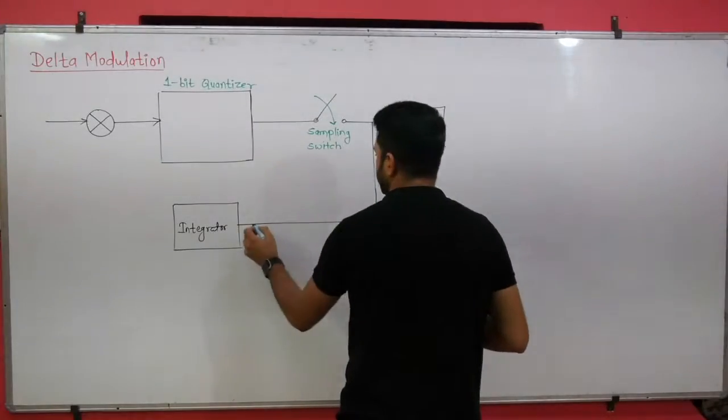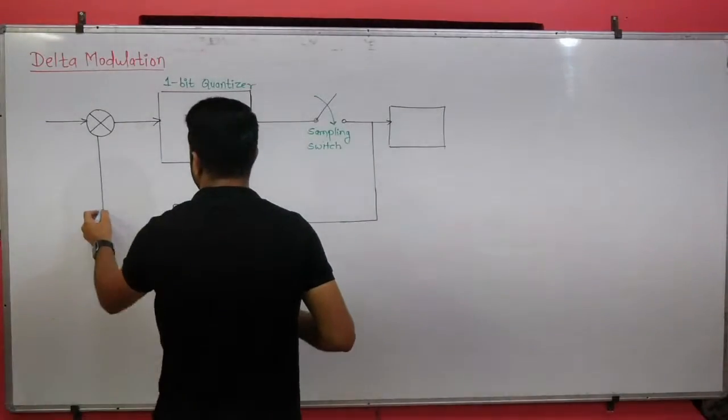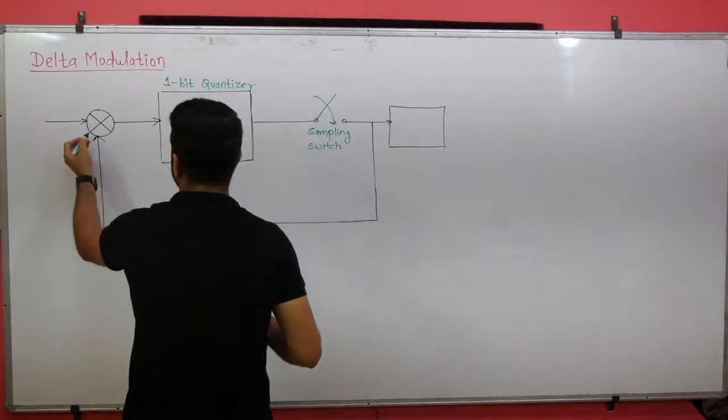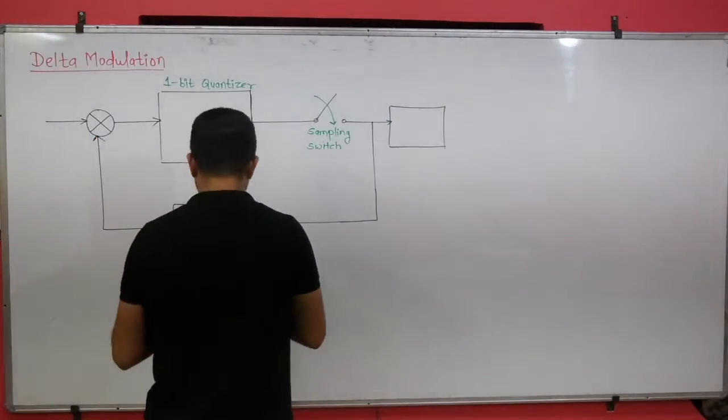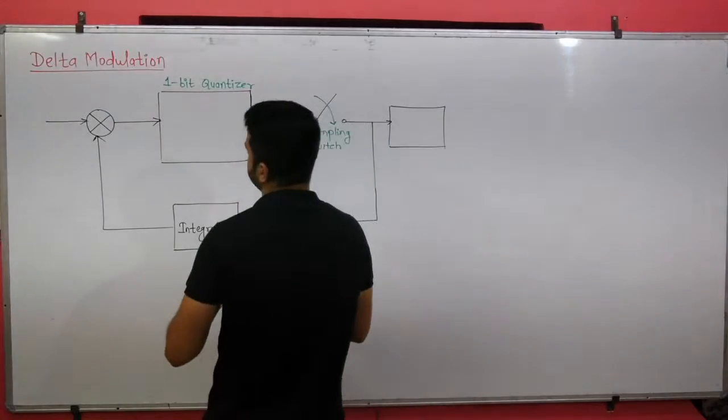This is the feedback path, and after integration we will give it again into the input of the adder.